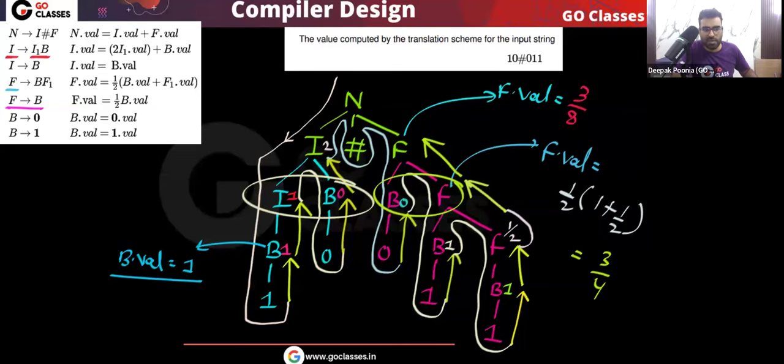Okay, very simple. And finally, this is the last reduction that we got. You are reducing I has f to n. So immediately after this reduction, we will perform the corresponding semantic action.